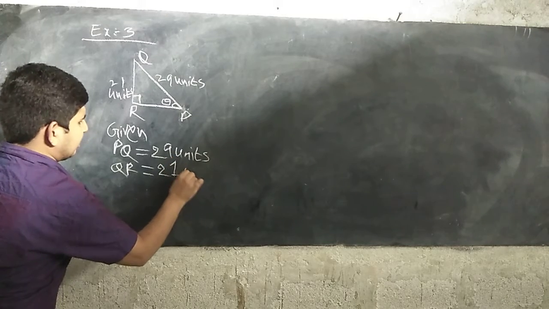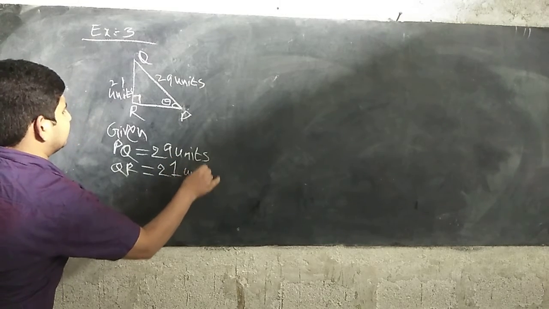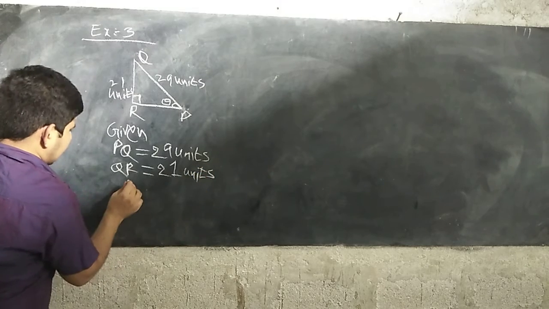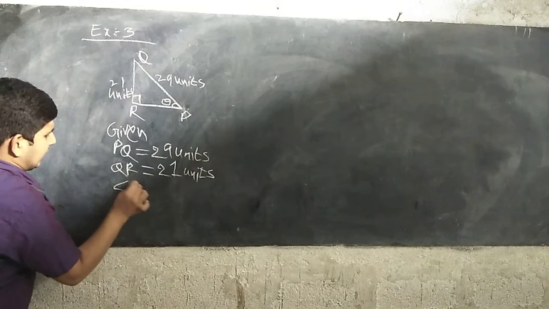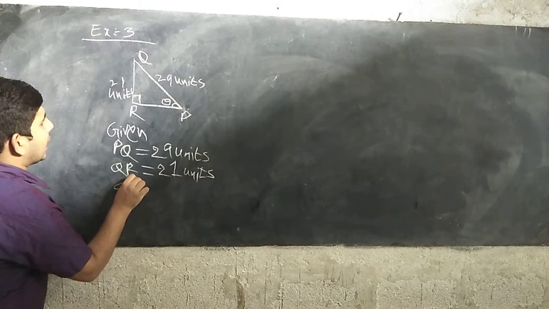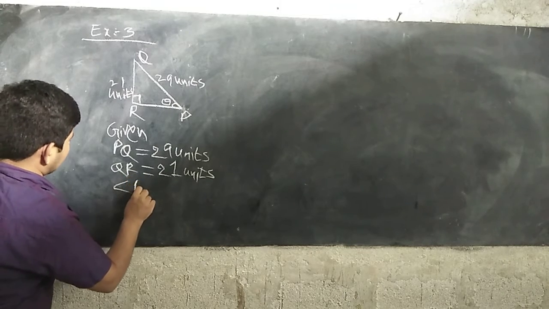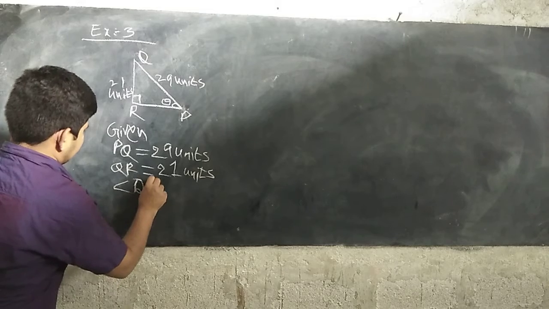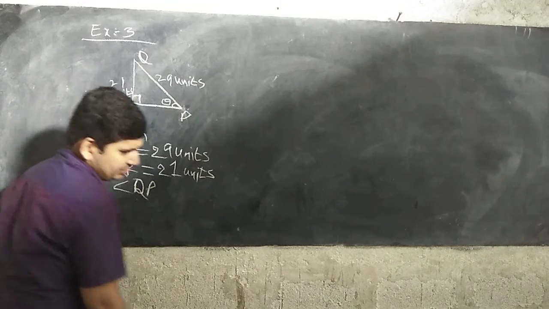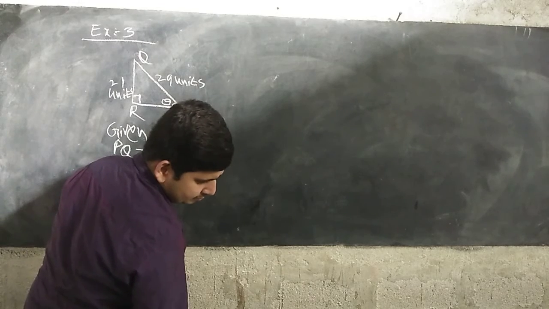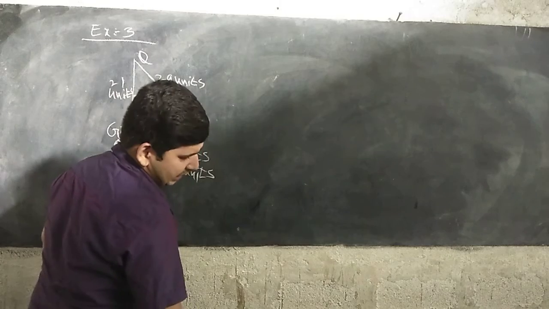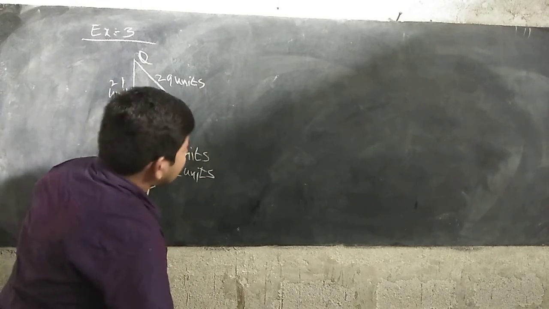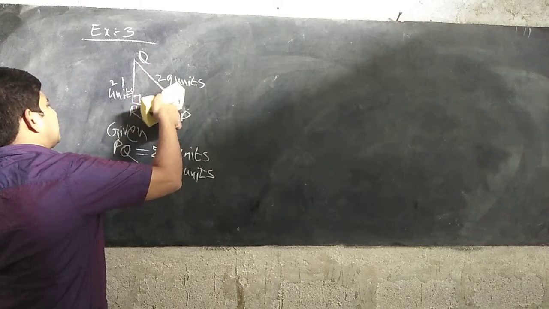Now angle PQR equal to theta. Here angle PQR equal to theta, so the theta is at the point Q.